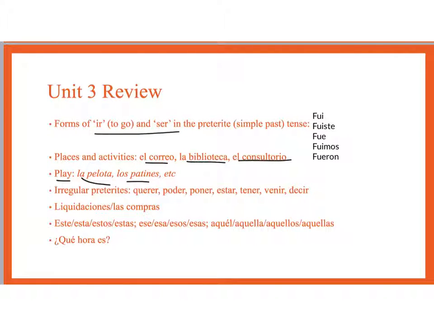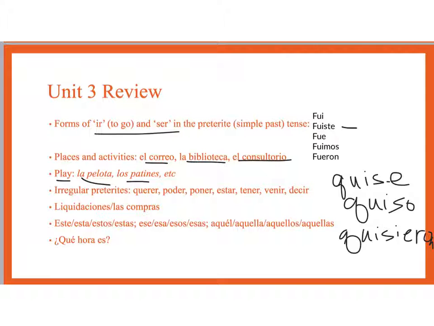So with querer, for example, to want, the preterite stem would be quis, and the yo form would be quise, and then quisiste, and you can see that it follows very closely there. Quiso would be the third person singular form. So quise, quisiste, quiso, quisimos, quisieron.